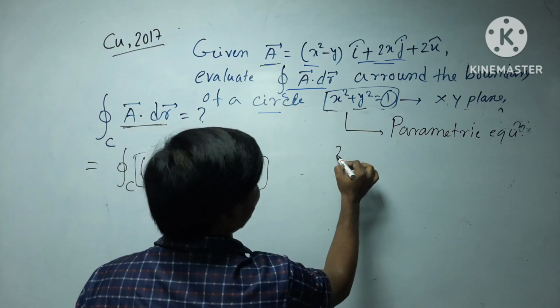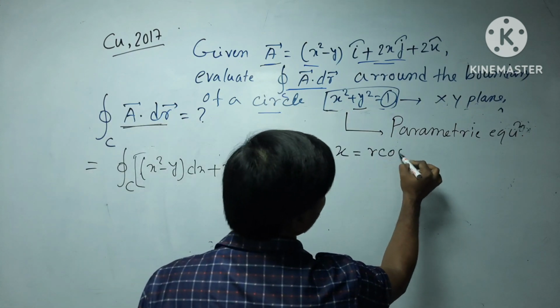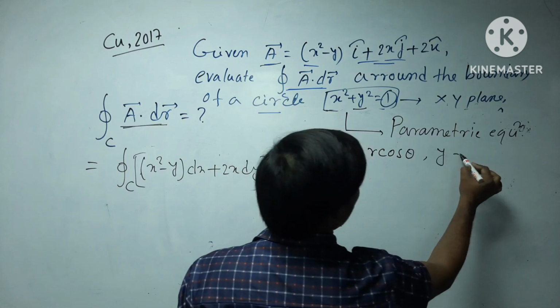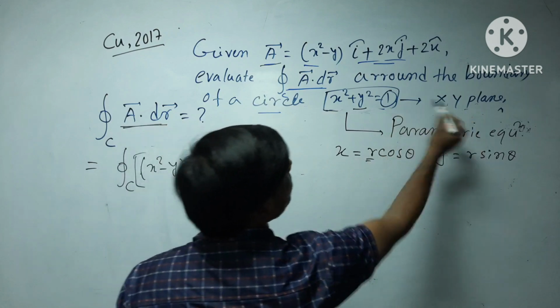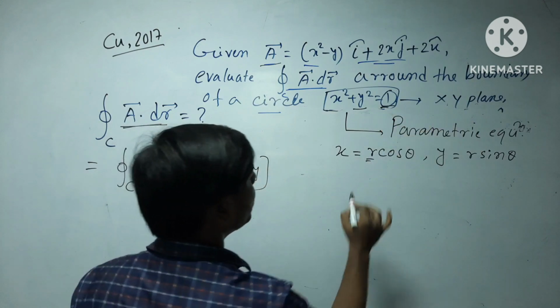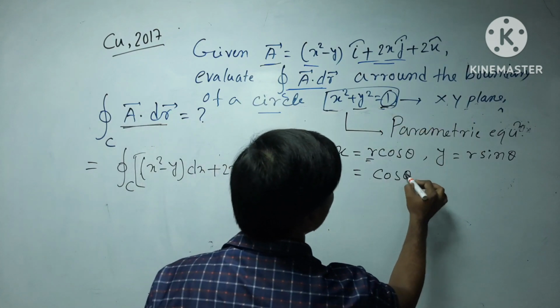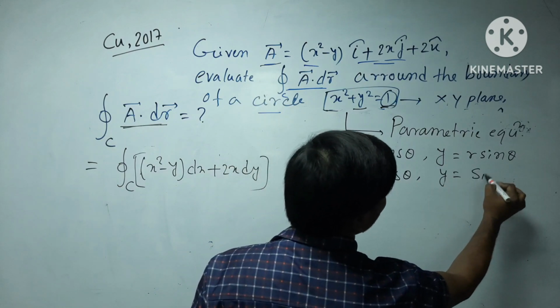So parametric equation এ x কি হয়? x is equal to r cos theta, and y কি হয়? y is equal to r sin theta. What is the r here? R is 1, radius of the circle, so it is basically x is cos theta, and y is equal to sin theta.